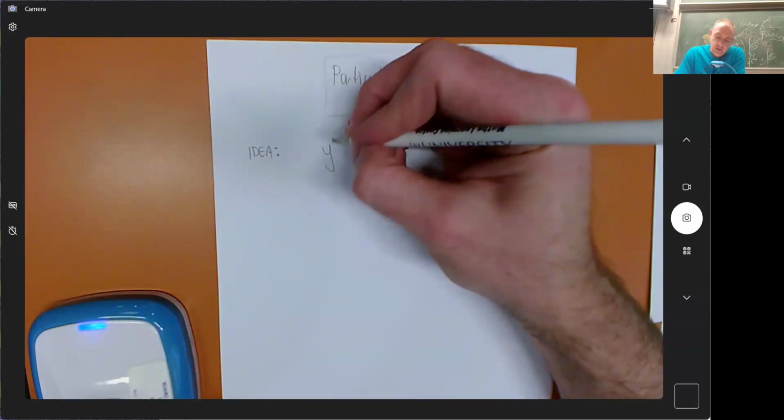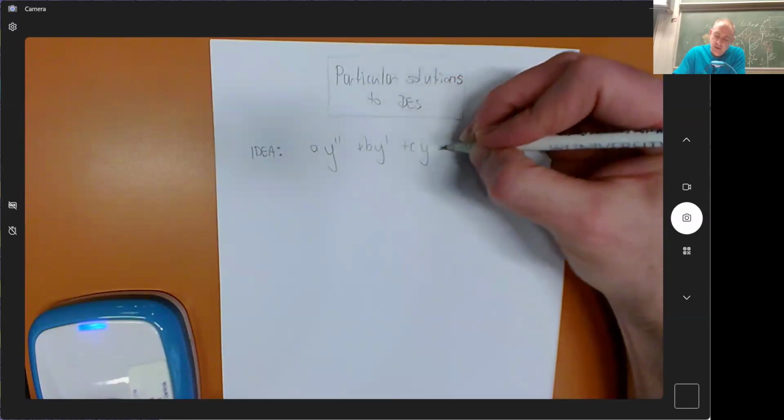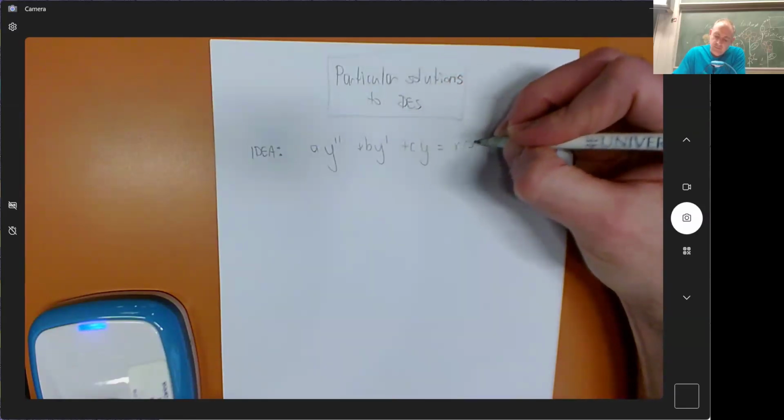So you have ay double dash plus by dash plus cy equals some function.